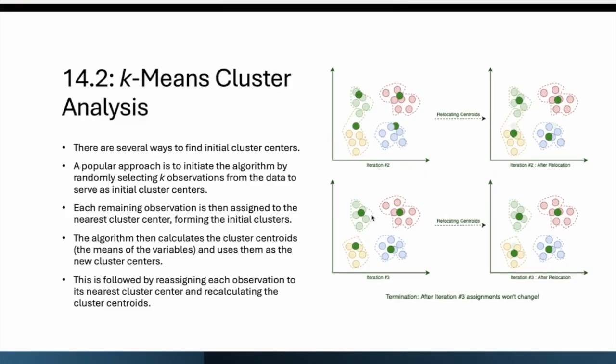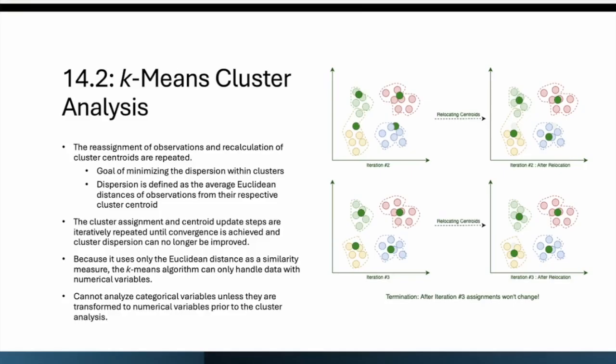After that, we calculate the centroid of each cluster, and we recalculate again the distances between the centroids and the other observations, and we make sure that we minimize these distances. So in each cluster, we have a homogeneous cluster, and the distances are the minimum.